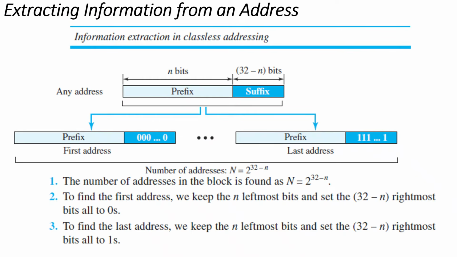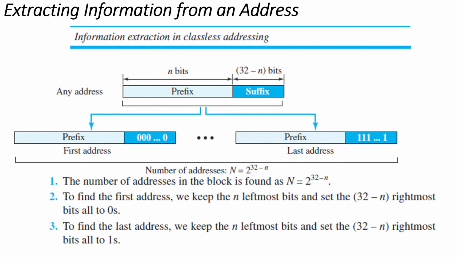Extracting information from an address. You can extract the important information in classless addressing. In IPv4 we have 32 bits in total. The prefix is represented by n bits, and the remaining 32 minus n bits are the suffix. The prefix contains the first address, and the block contains the last address.